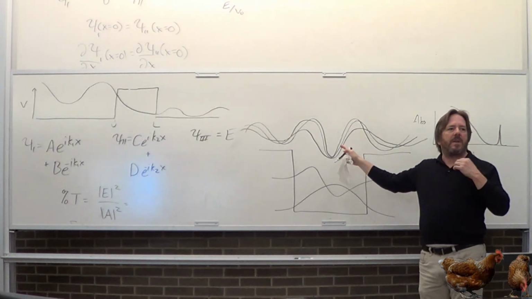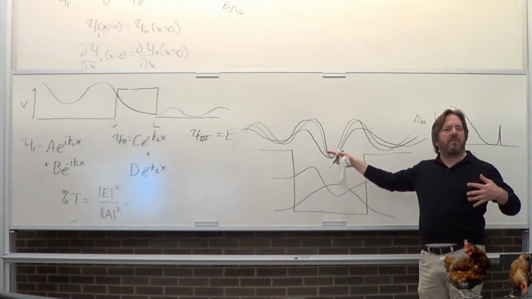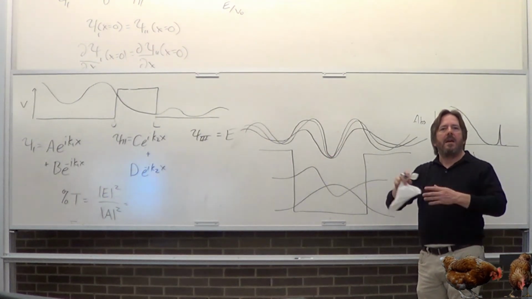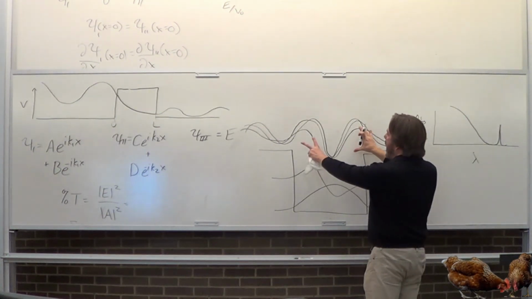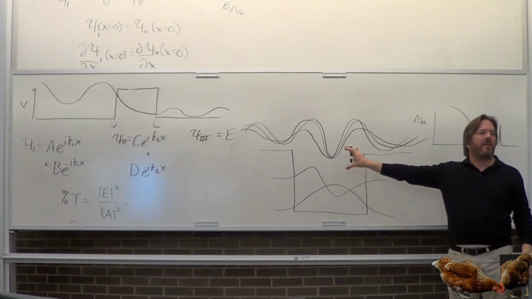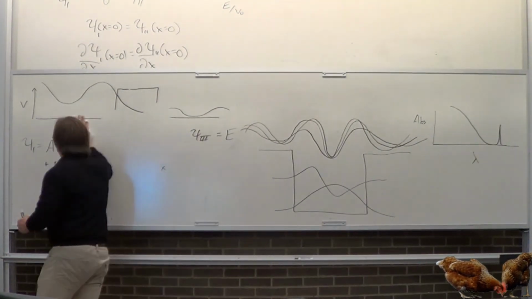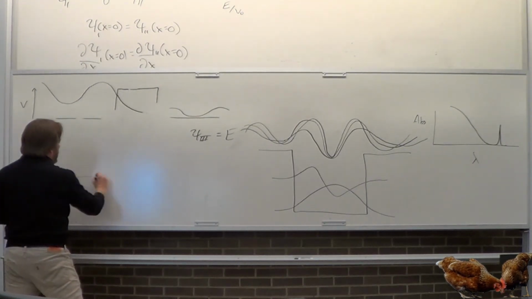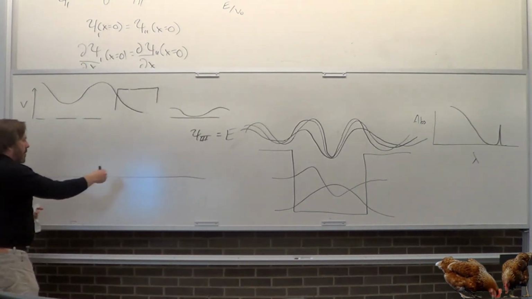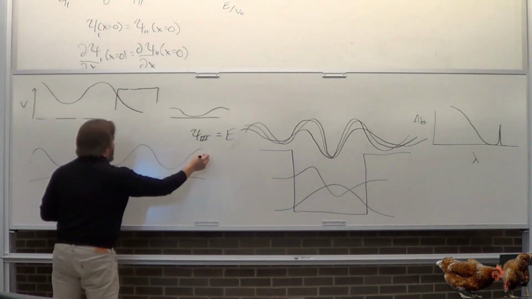You can kind of think of it like a perturbed free wave. Notice what I'm doing, I'm drawing free waves, and free waves can have any kinetic energy. The difference between this and a true free wave is that the wave amplitude is higher in the box. Imagine you have a free wave, which is a flat line with no potential. And here's a wave, a happy wave, maybe a sine or something.